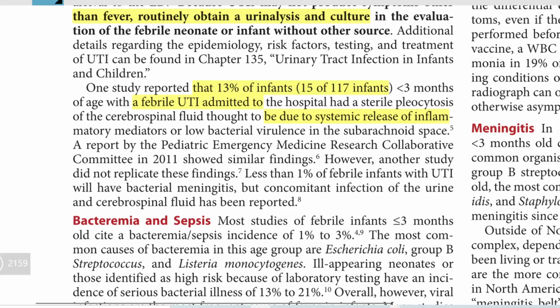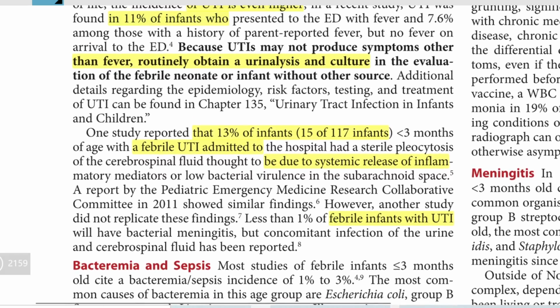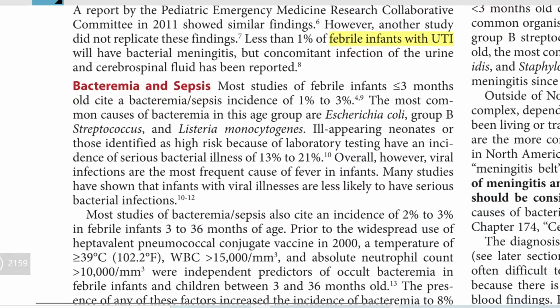A report by the Pediatric Emergency Research Collaborative Committee in 2011 showed similar findings. However, another study did not replicate these findings. Less than 1% of febrile infants with UTI will have bacterial meningitis, but concomitant infection of the urine and cerebrospinal fluid has been reported.